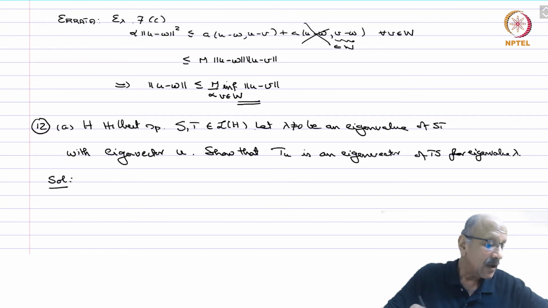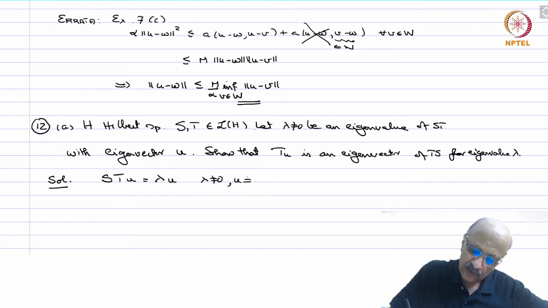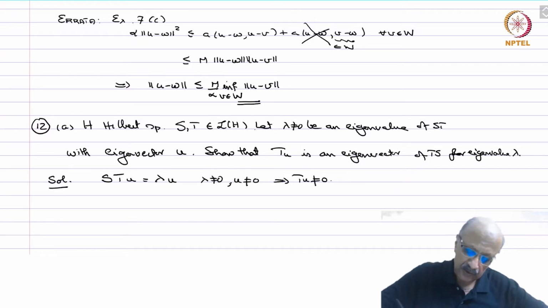So you have that S of Tu is lambda u, and lambda is not equal to 0, and obviously u is also not equal to 0, so this implies that Tu cannot be 0. Okay, so Tu is not 0.